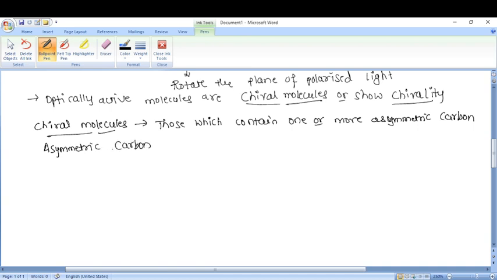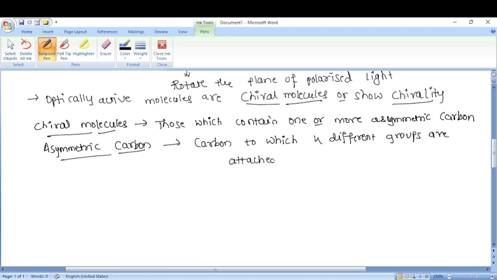Asymmetric carbon means a carbon to which four different groups are attached. Here is a carbon to which all different groups should be attached.